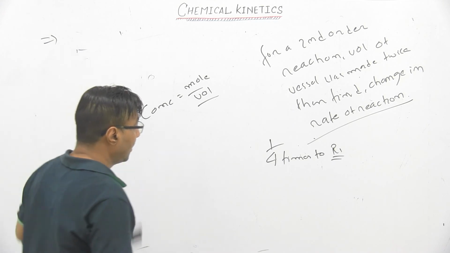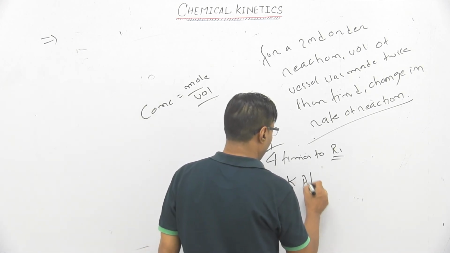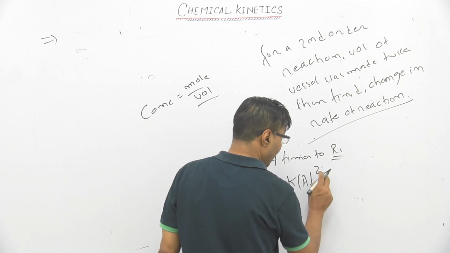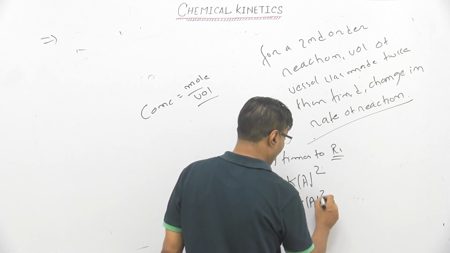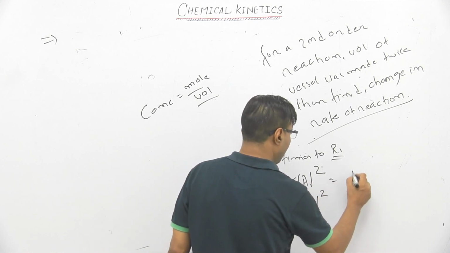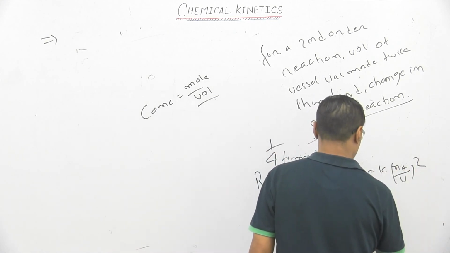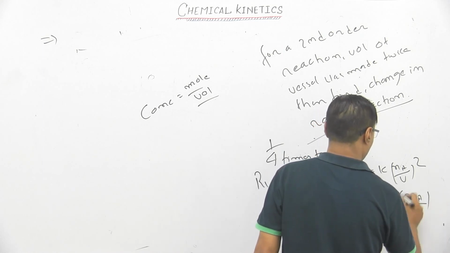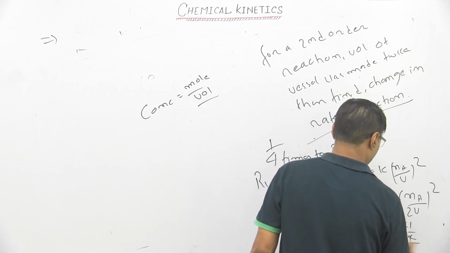In the last equation we wrote R1 is equal to K A raised to power 3, this time we will write 2. Again everything is the same. This time R1 was K N A by V whole square. This time R2 is K N A by 2V whole square. So it is R1 into 1 by 4. Any doubt is there?